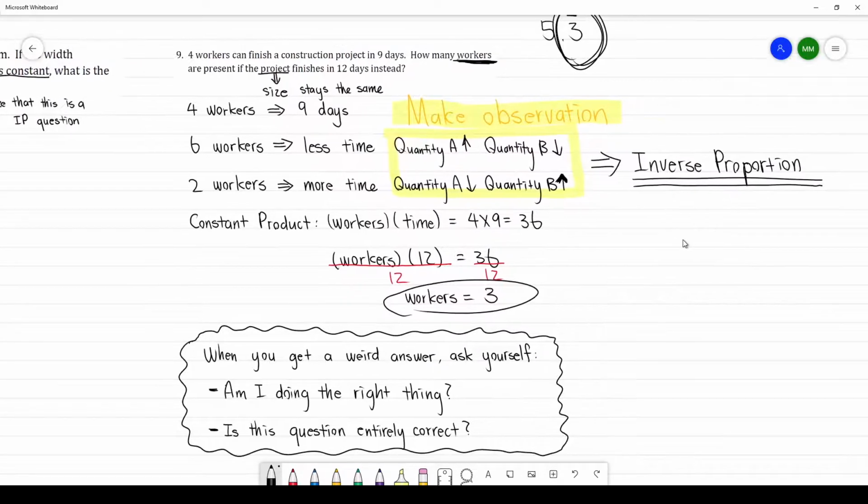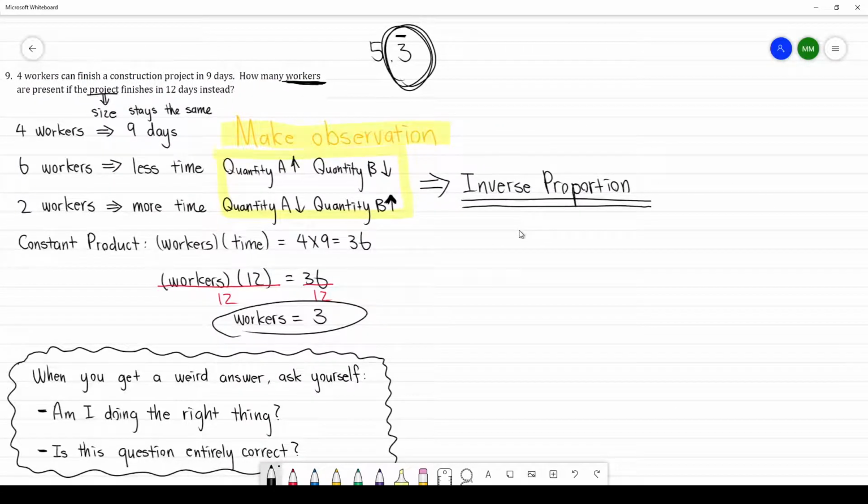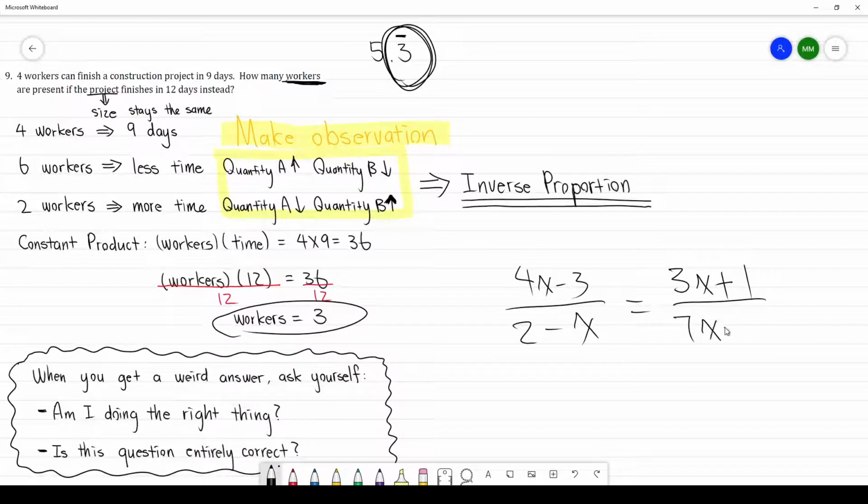But when you solve an equation, say something like 2 minus x is equal to 3x plus 1 over 7x minus 9.